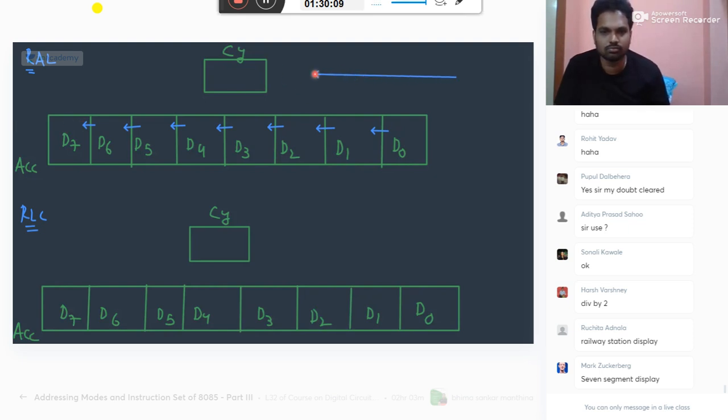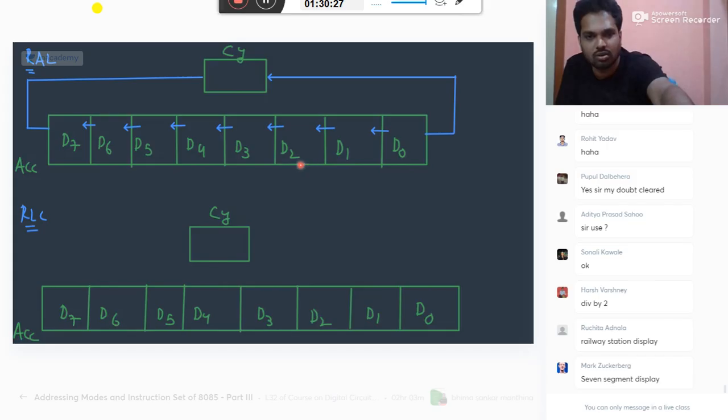It's a cyclic operation like this. Here, another case is this one.